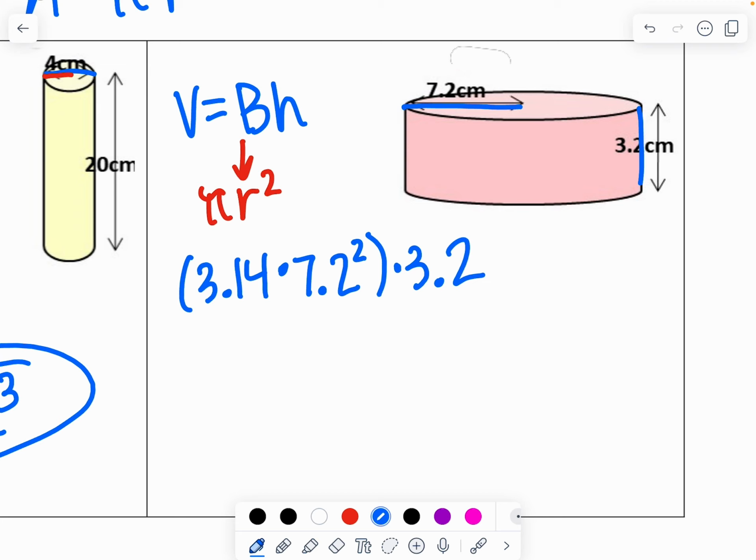So when I do 3.14 times 7.2 squared, you get a decimal that goes into 4 decimal places. So I'm going to round that to the tenths. So it'd be 162 8/10. And then you multiply that by 3 2/10.